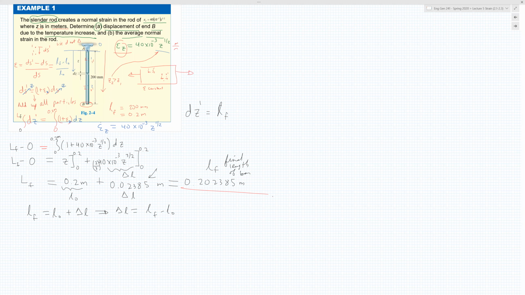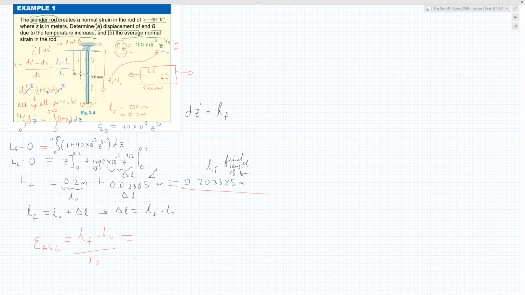Okay, so part B: what is the average normal strain? So epsilon average is that definition I've been using: L final minus L initial over L initial, on average, because at different points it's going to strain differently.